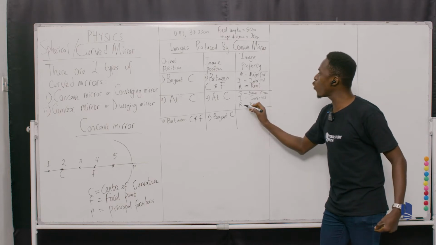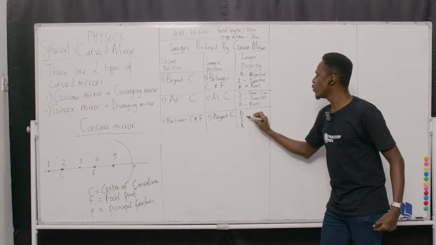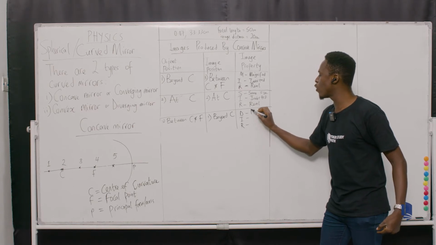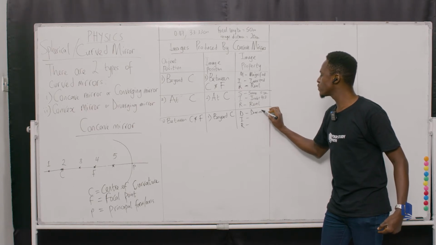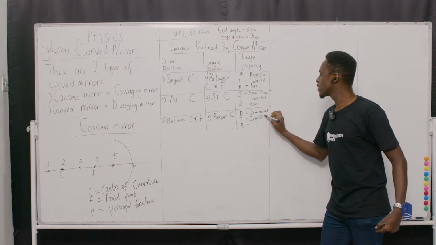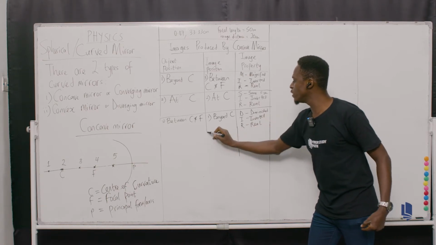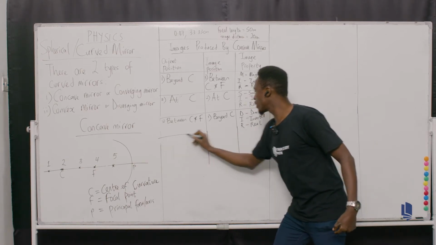As such, what type of image do we get here? We get DIR. What does DIR stand for? Diminished image, inverted, and what? Real. This is the type of image you have for number 3 position.